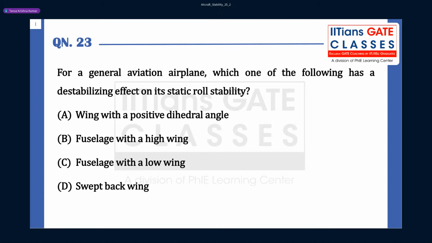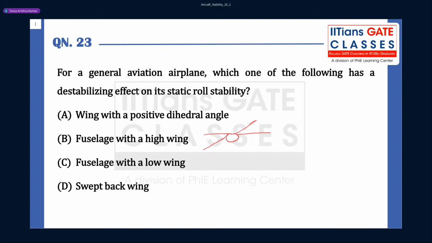Let's take a high wing configuration first. Let's take a high wing and presume it is subjected to a perturbation or some disturbance. It has a perturbation and it rolls in this manner. Now if it is a stable aircraft, it should return. There should be a restoring moment.